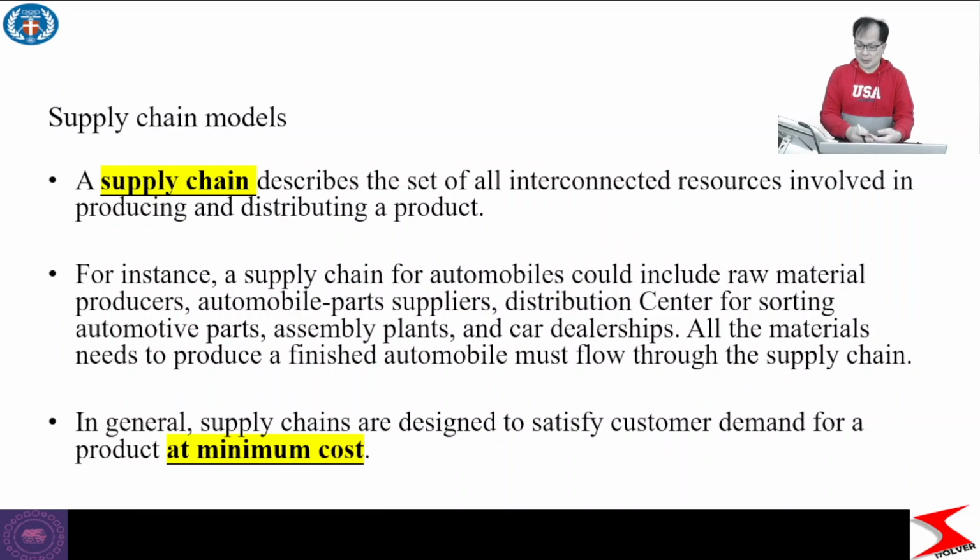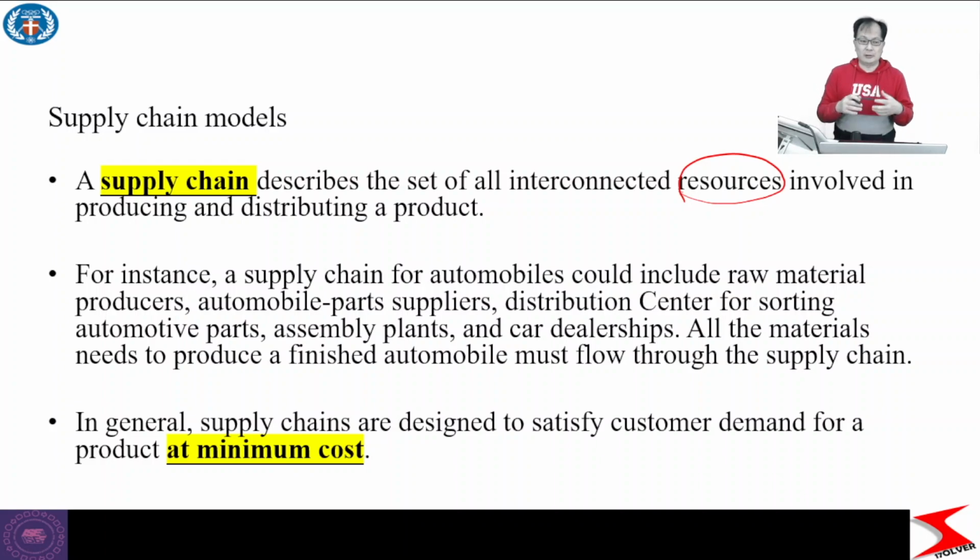So what is the supply chain model? A supply chain model describes the set of all interconnected resources involved in producing and distributing a product. Here resources might mean the plant or distribution center and so on. So it's something like the node, right?